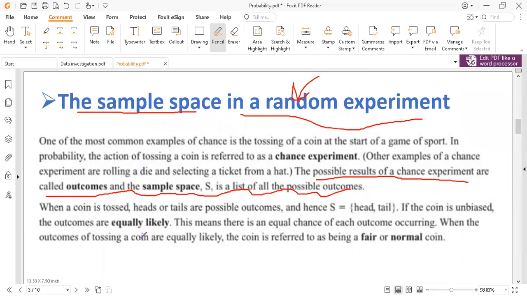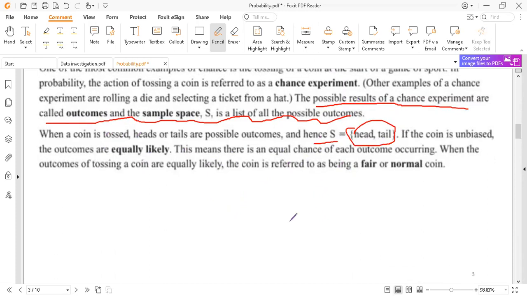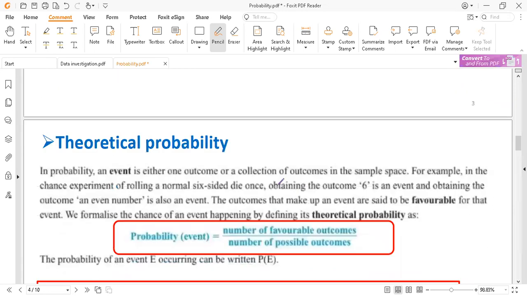So normally, for example, if we toss a coin, we will obtain head or tail. So head or tail give us the set of all possible outcomes that we call the sample space. Okay, and the theoretical probability, if we want to compute the probability of some outcome or some event.